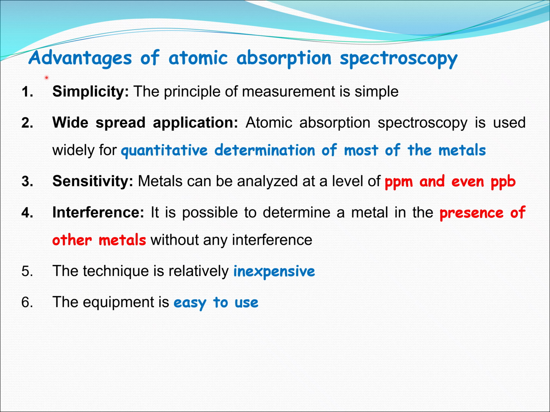Now let's discuss the advantages of atomic absorption spectroscopy. First of all, simplicity. The principle of measurement is very simple. Because in the case of UV spectroscopy, if I provide you a tablet, you first need to crush the tablet, then prepare the solution, then dilute it to a very minute level, then put it into the UV spectrometer.